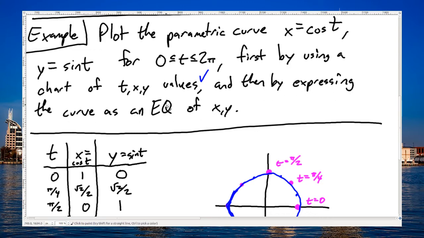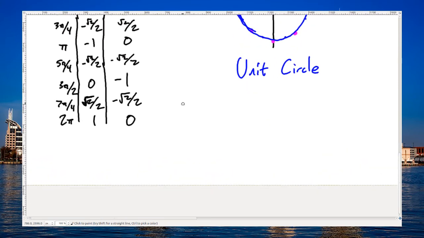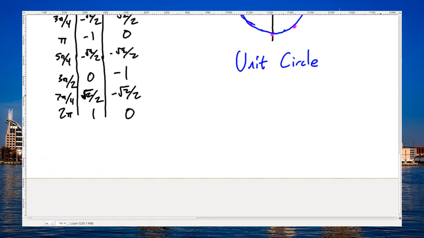What about expressing the curve as an equation of x and y? Well, to do that, I'll just rewrite them. x is cosine, y is sine. And what I need to do is combine these equations. For this particular problem, the easiest way to combine these equations is to notice that we need to combine them so that all the t's cancel away. I have a sine and I have a cosine. I remember this fact about sine and cosine: sine squared plus cosine squared is 1.